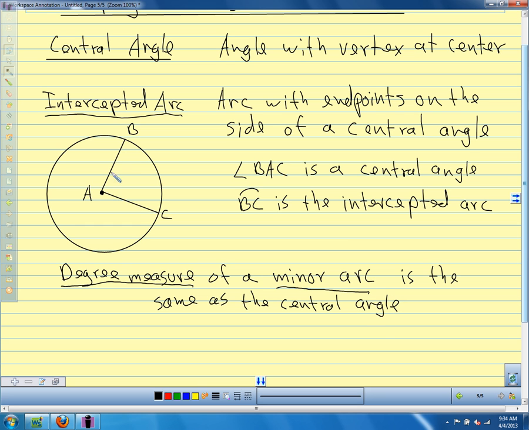So if angle BAC was 57 degrees, we would say arc BC is a 57 degree arc. So the degree measure of a minor arc is the same as the central angle.